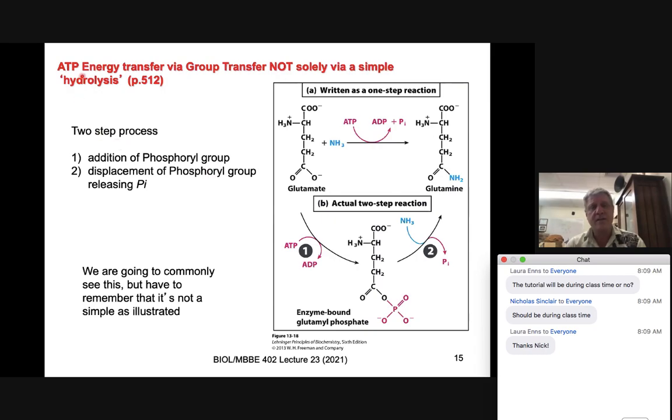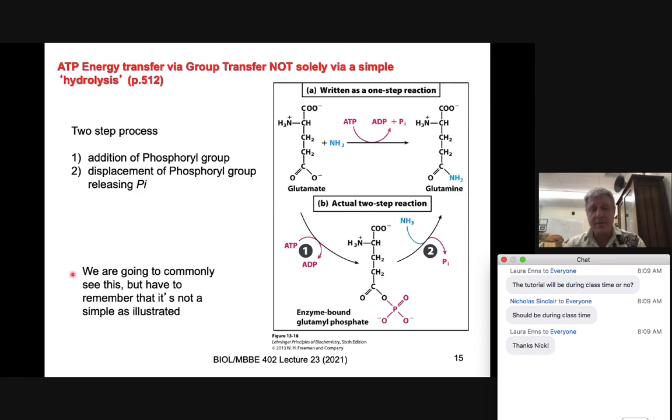So ATP group transfer is a two-step process: the addition first of the phosphate group to the substrate, and then finally the displacement of the phosphoryl group, releasing inorganic phosphate and giving you that susceptibility to then cause a reaction at that leaving group site.